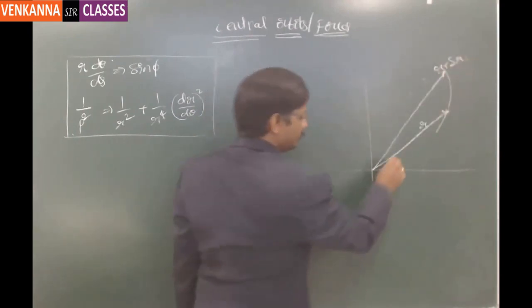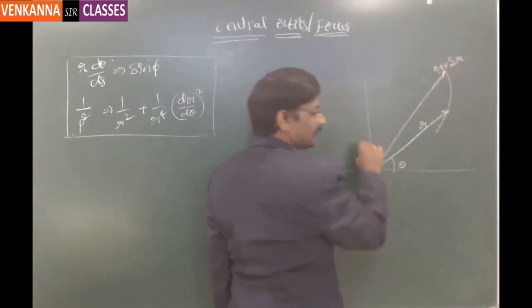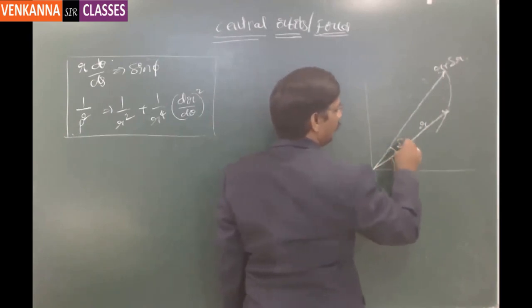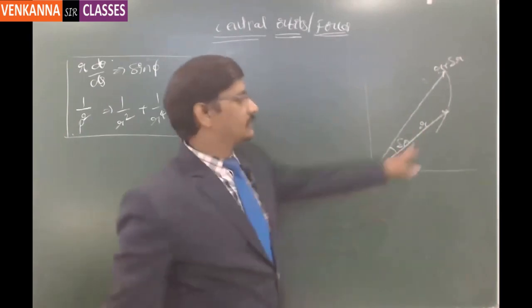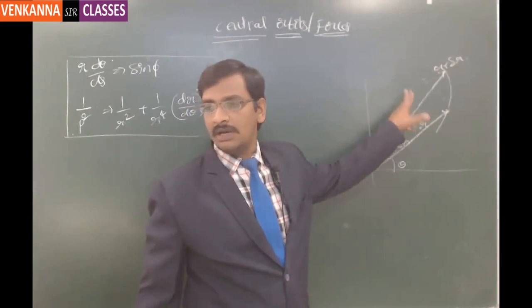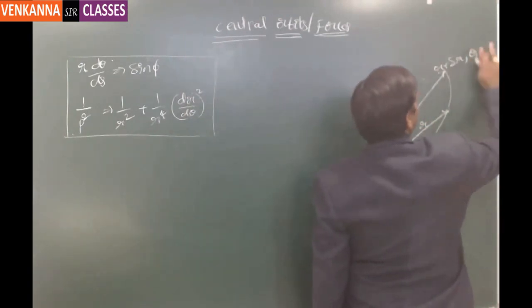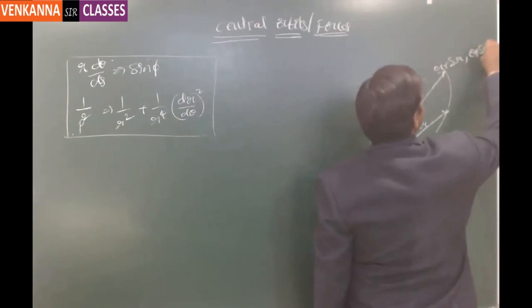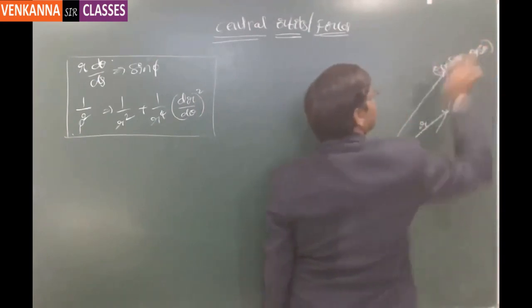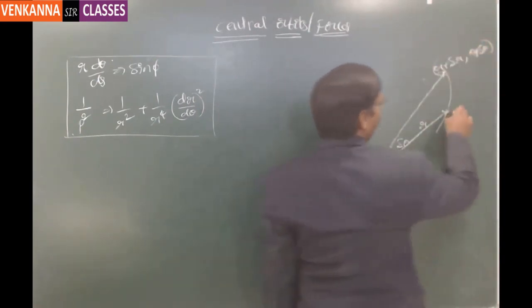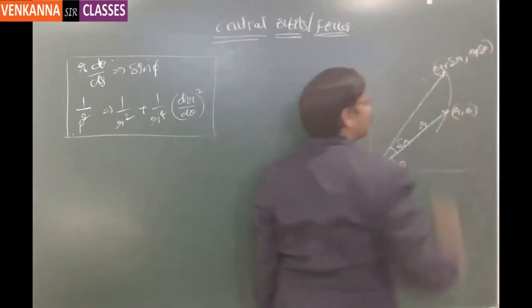Now this is at an angle of theta, and this angle changed by an amount delta theta. So these coordinates are r plus delta r and theta plus delta theta. These are the new coordinates, and the initial coordinates are r comma theta.